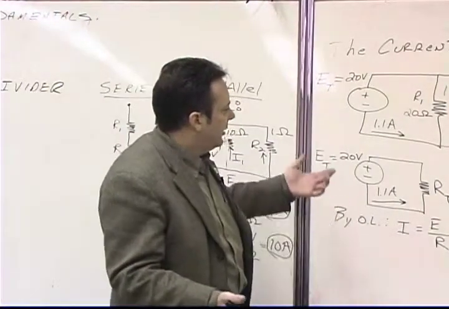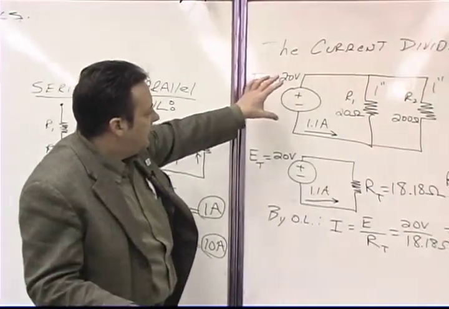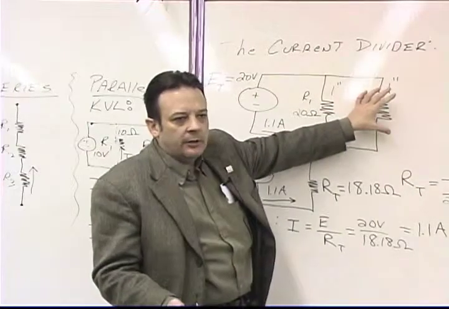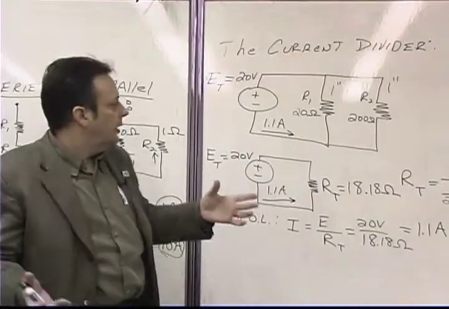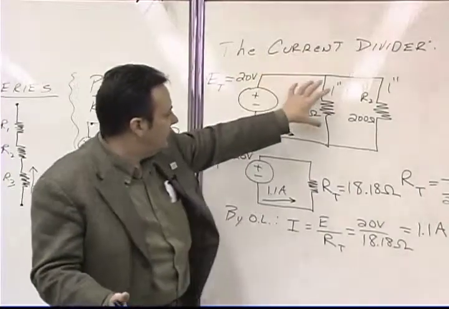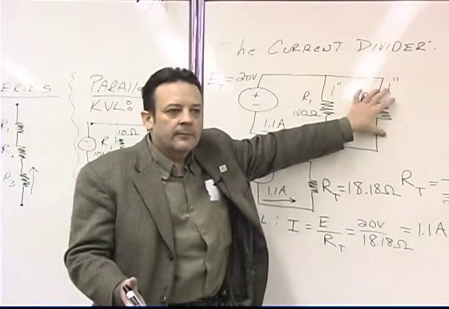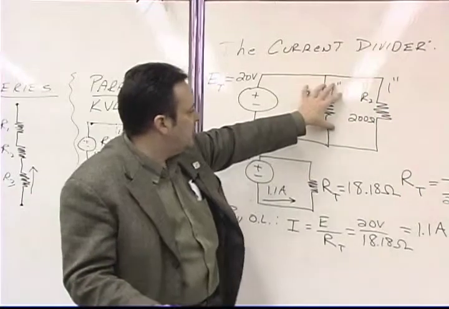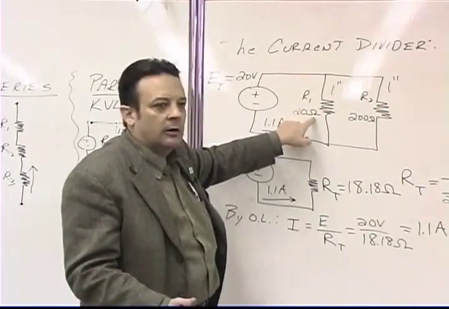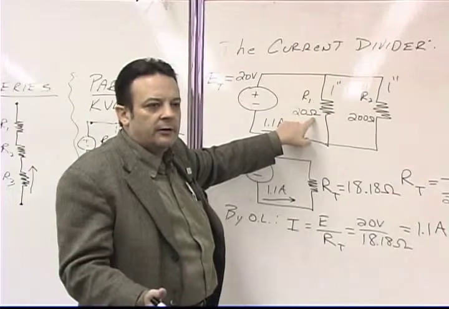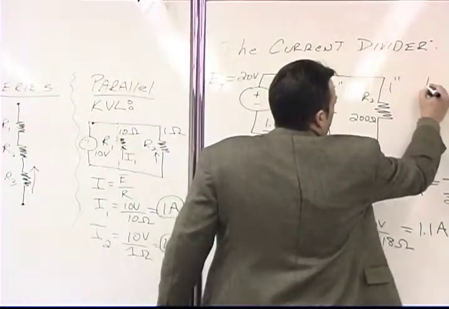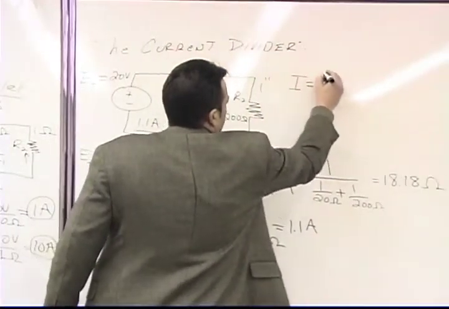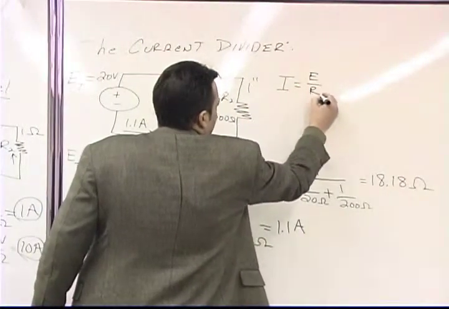And that is to realize that because this is a parallel circuit, and because Kirchhoff's voltage law always works, that the voltage here is the same here and is the same here. So if I know the voltage here and I know the resistance here, can I just use Ohm's law to calculate the current?